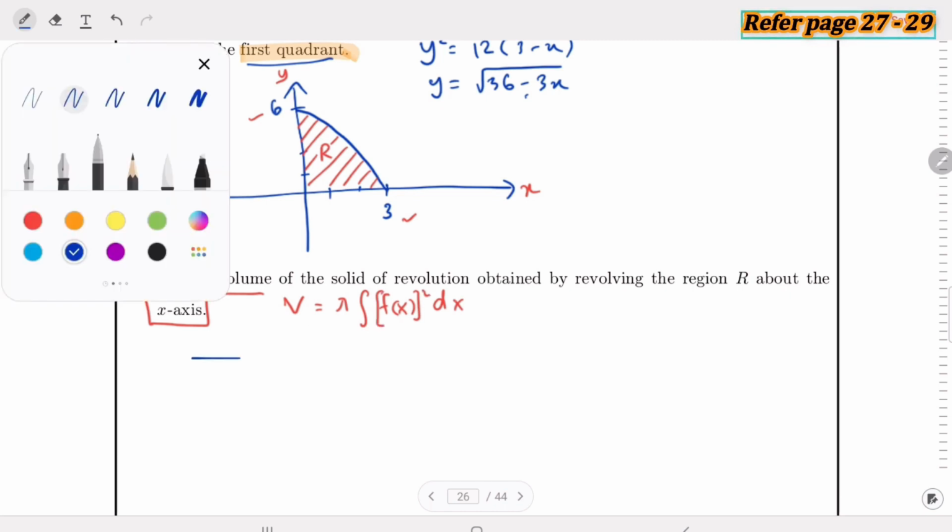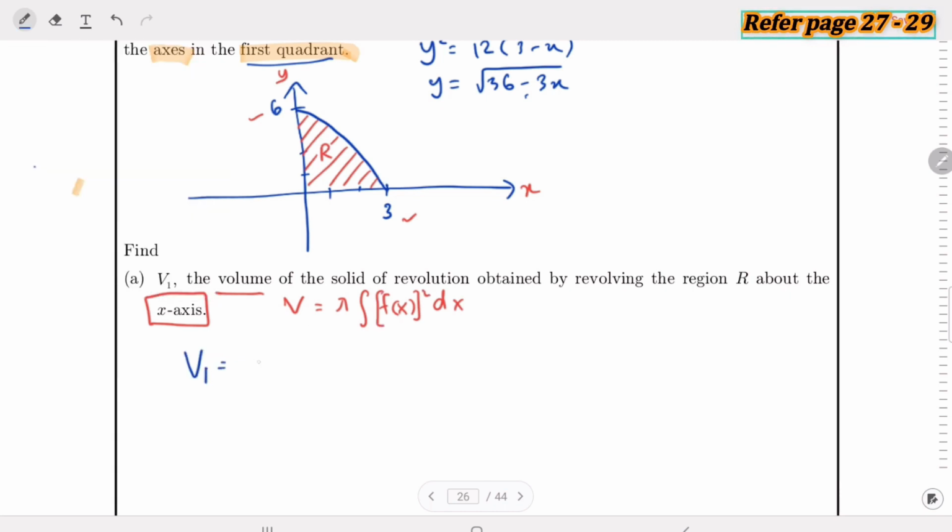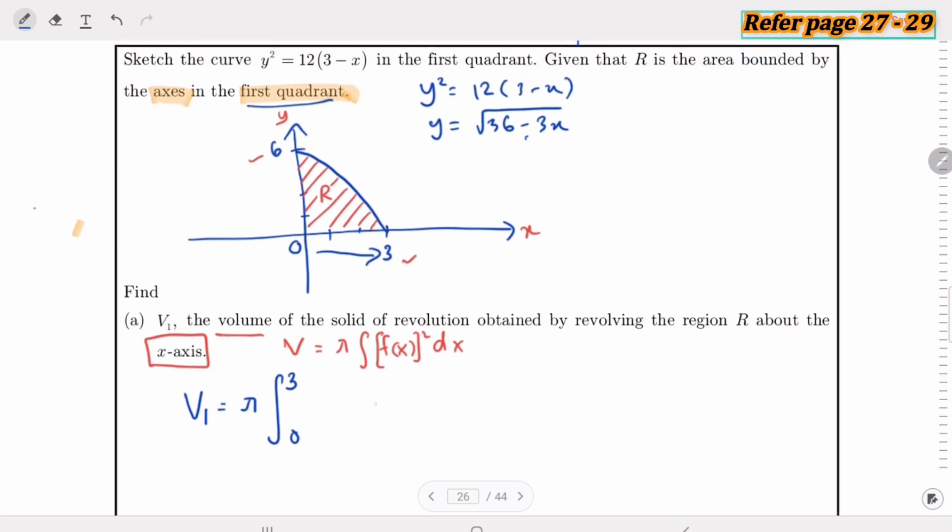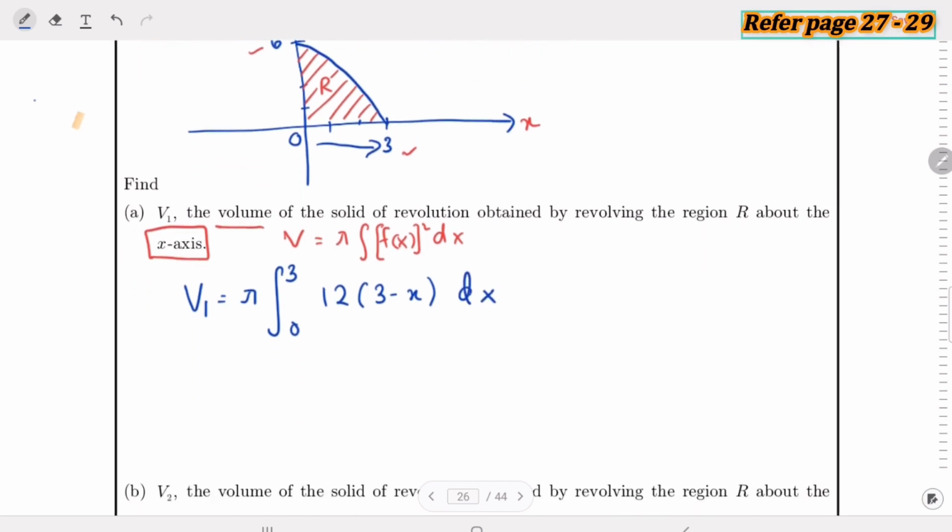So V1 equals pi, and for the x-axis the limits are from 0 up to 3. So from 0 to 3 of this function f(x) squared, we know f(x) squared is 12(3 minus x). Please don't get confused because this is y squared, so I just straight away put the function here, dx.